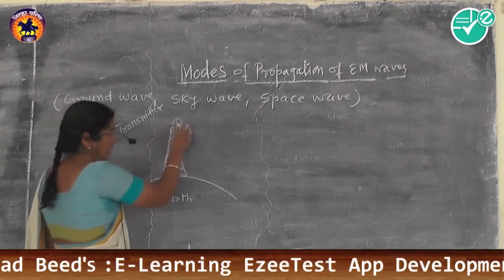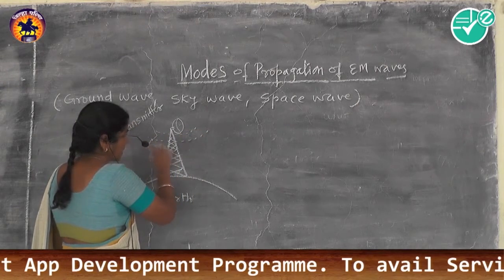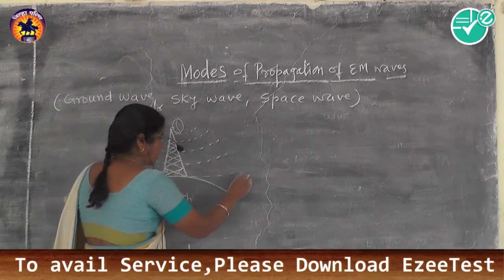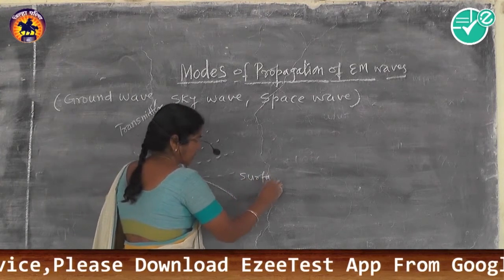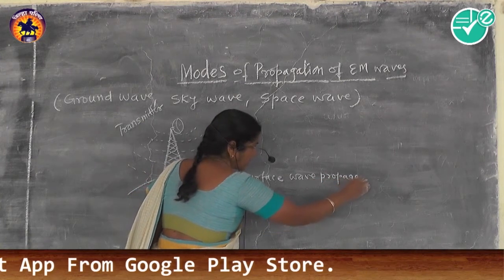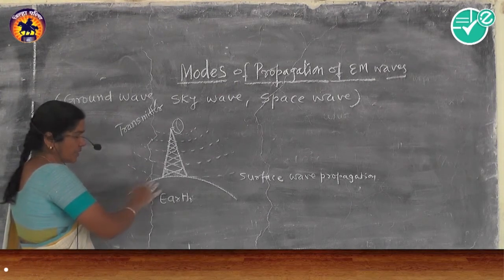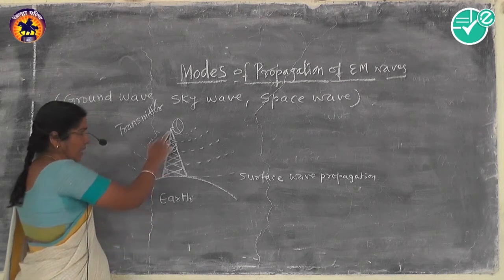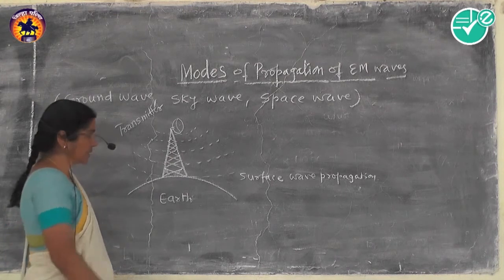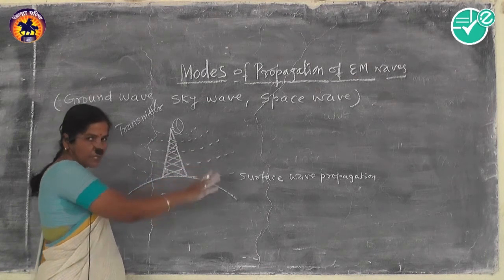So when the waves are radiated by this transmitter, the wave propagates along the surface of Earth, just close to the surface, and therefore it is also known as ground wave or surface wave propagation. What happens when a transmitter gives radio signals is that the wave propagates very close to the surface of Earth. The range depends on the height of the transmitter. If it is increased very much, then a long distance will be covered by the waves.